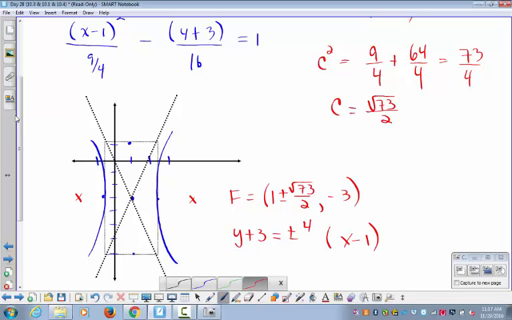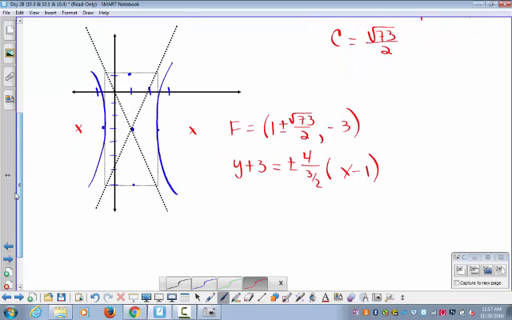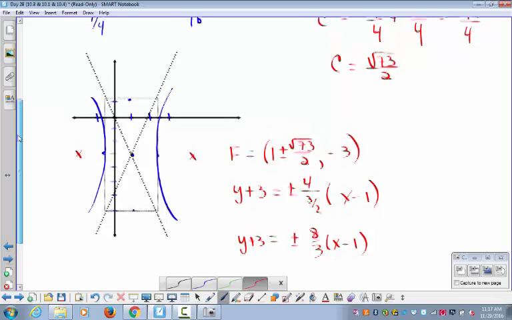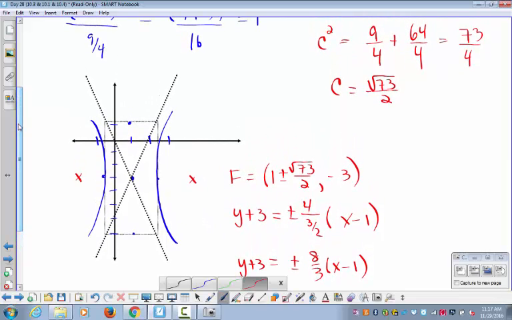So it's 4 divided by 3/2, which we would simplify to 8/3. That's our final form for the asymptotes. That makes sense? Definitely a little more complicated if you have that constant multiplier out in front.